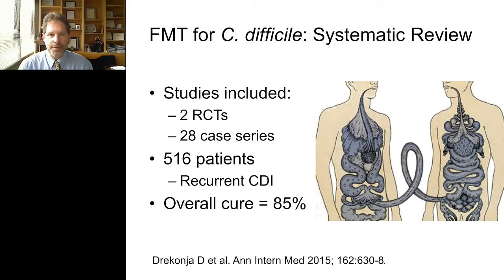So this is supported by many other case series, another randomized controlled trial. And if you are interested in the aggregated data, you can look at this Annals of Internal Medicine paper by Drekonja and colleagues from last year. They looked at 28 case series, 2 randomized controlled trials, over 500 patients, and the overall cure rate was about 85%. So a highly effective approach to treating recurrent C. diff infection.